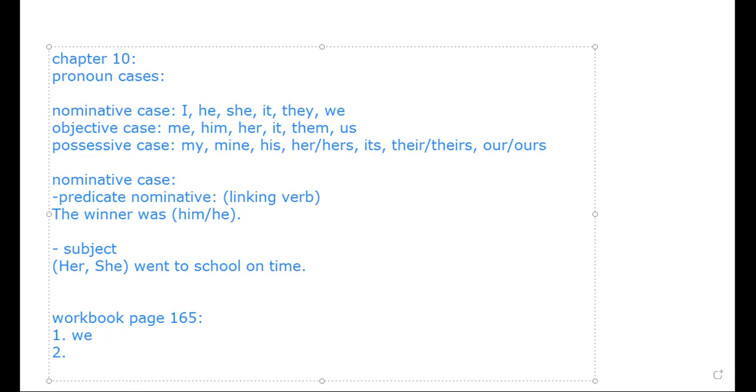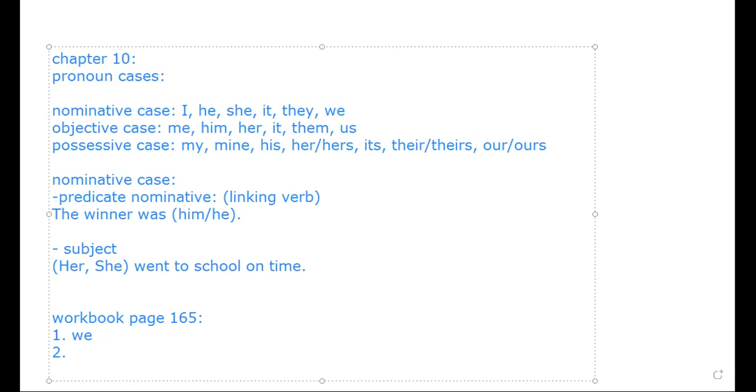You probably heard it before. So please get familiar with which ones, and then we're going to get familiar with when to use each. We use the nominative case pronouns after a linking verb when it's a predicate nominative or as a subject to a verb.